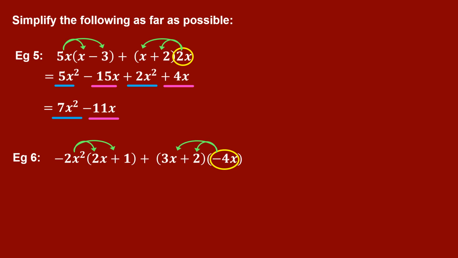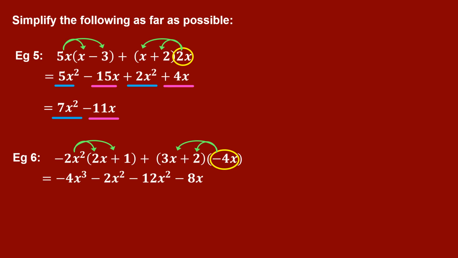With 2 brackets immediately next to each other, it just means multiplication, so we just multiply it in. So we've got minus 2x squared times 2x. Now minus 2 times 2 is minus 4, and then x squared times x gives me x cubed. And minus 2x squared times 1 is minus 2x squared.